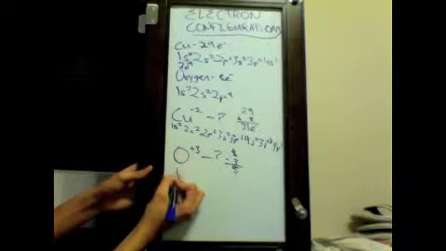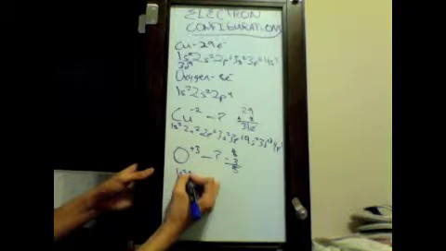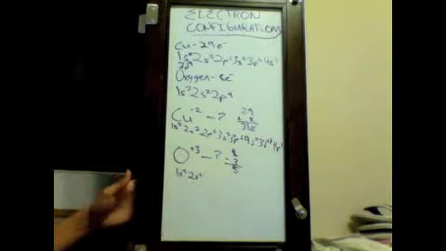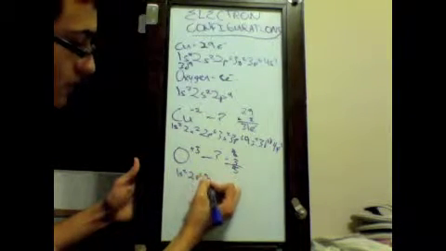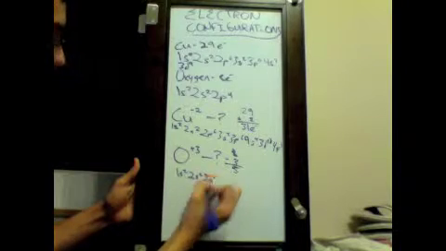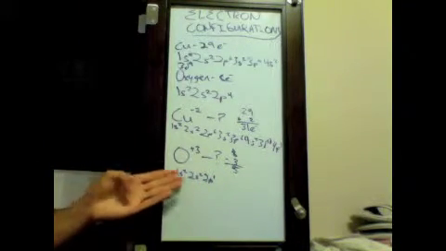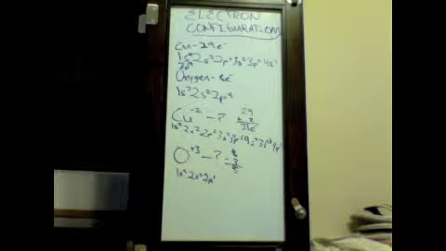So first comes 1s2, 2s2, that makes 4. So next you just do 2p to the first power, so 2, 4, 5. Easy way to check your answer, just count up your exponents. If they equal the number of electrons that you know you have, then you're done.